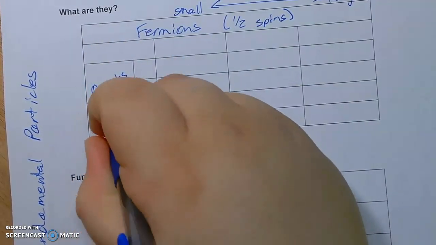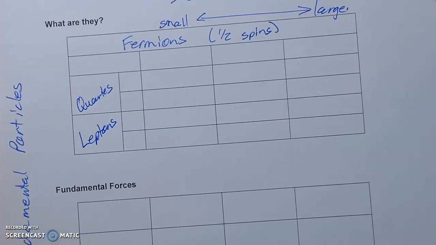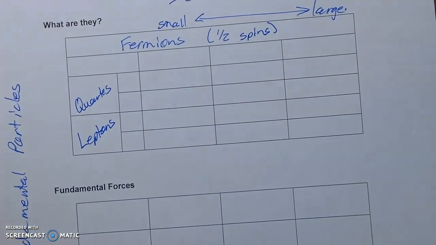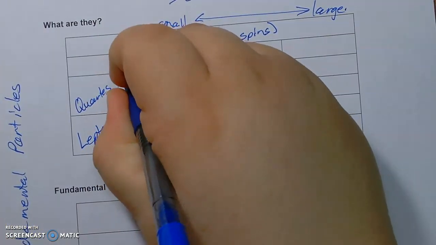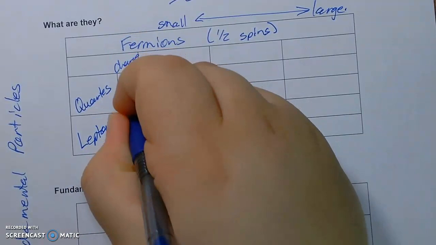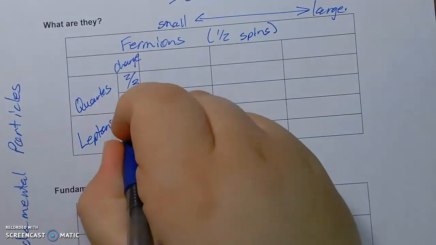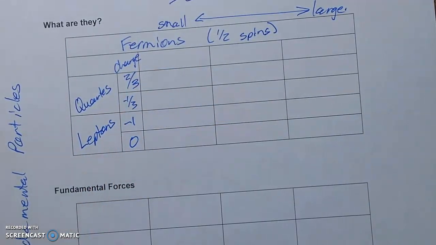And then we have what are called leptons. Leptons are actually your smallest subatomic particles. They have a charge. Quarks have a charge of 2/3 and negative 1/3, which you saw in the video. Leptons have a charge of -1 or 0.